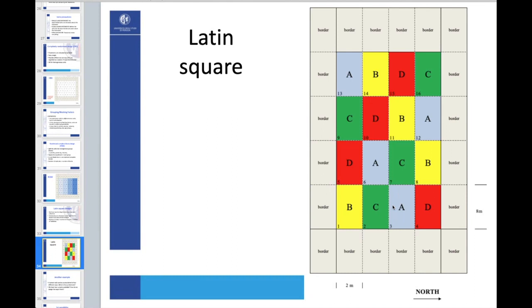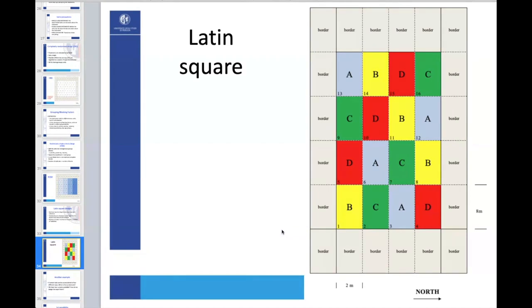That's why this is called a Latin square, because it has a square form. I mean, it's rectangular because the plots are narrow and long, but still it is a square because we have 4 columns and 4 rows and 4 treatments, right?